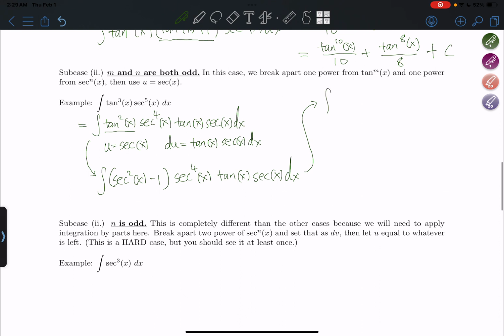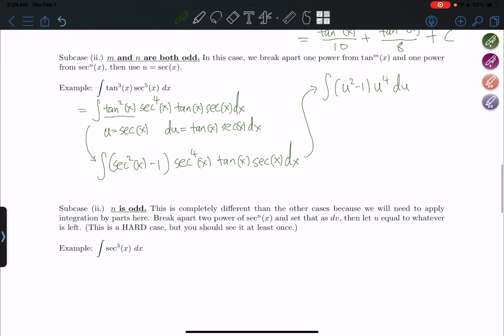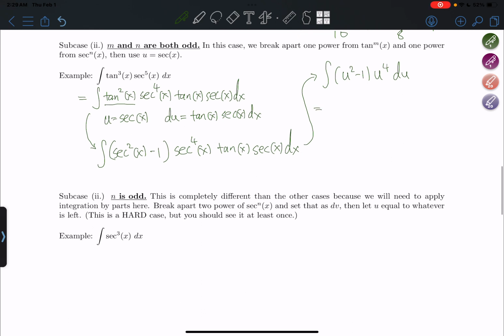I will just get the integral of, secant is u, so u squared minus 1, and secant to the 4th becomes u to the 4th. Tangent x secant x just becomes du. Okay, so it basically plays out the same way as the last problem at this stage.